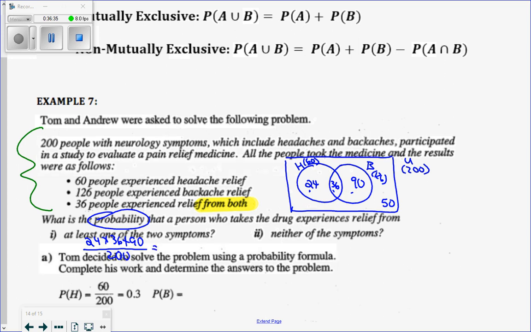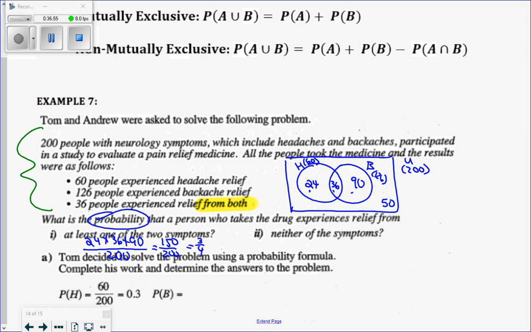So number of favorable over total number. So I think that's 150 out of 200. If you reduce that down, I think it's 3/4. So 75% of the people experience relief from at least one.